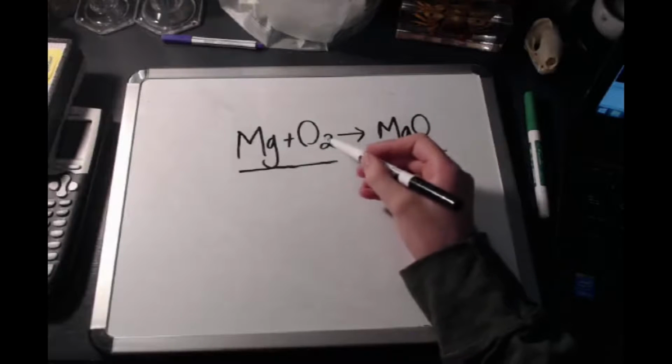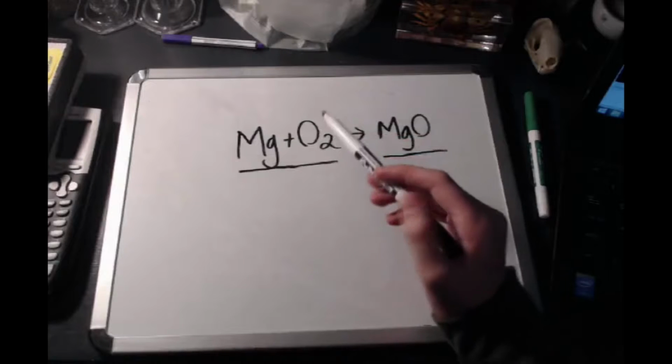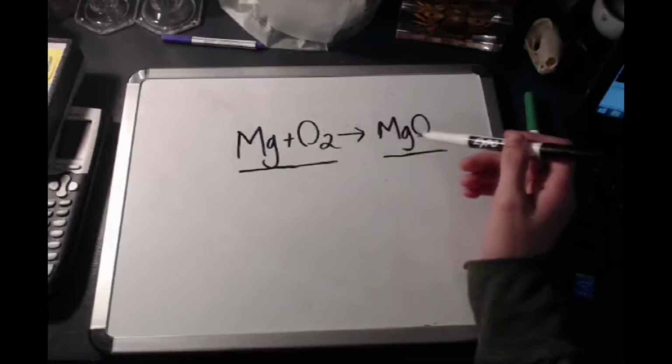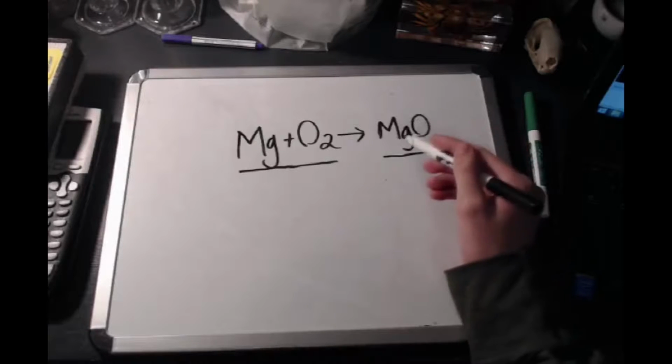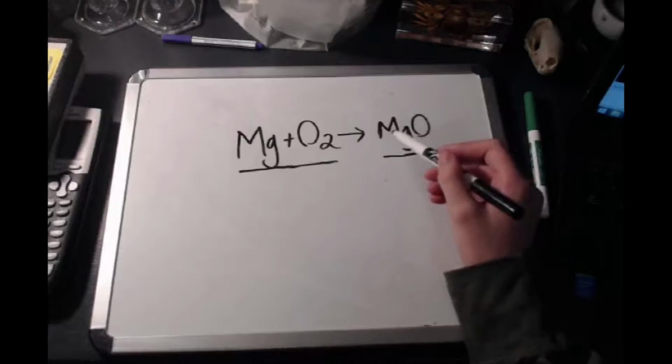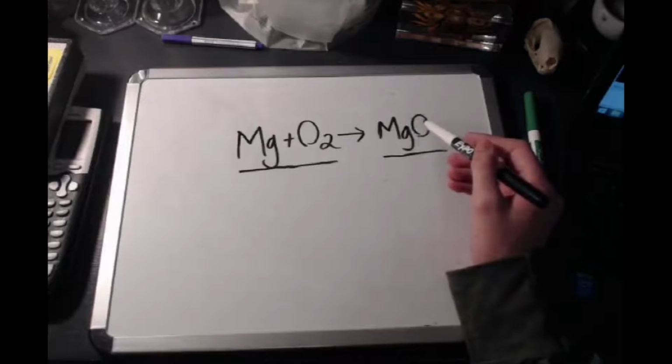Next, the subscript right here indicates that there are two oxygen atoms. If there isn't a subscript next to them, you can just assume that there's one atom. So for example, here there would just be one magnesium atom as a product and one oxygen atom as a product.